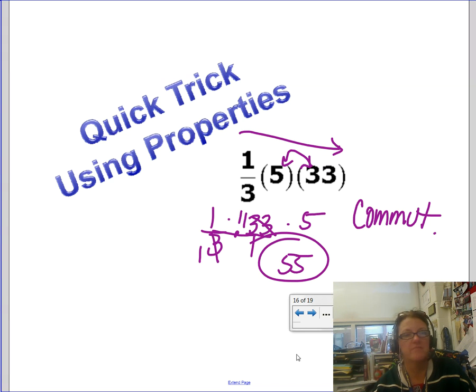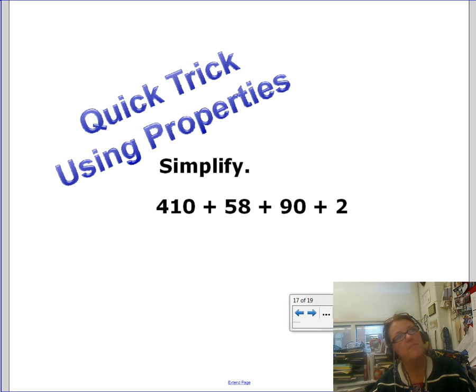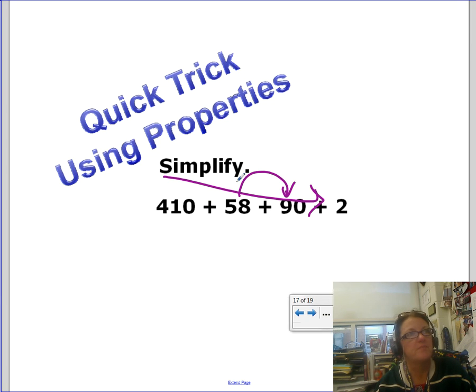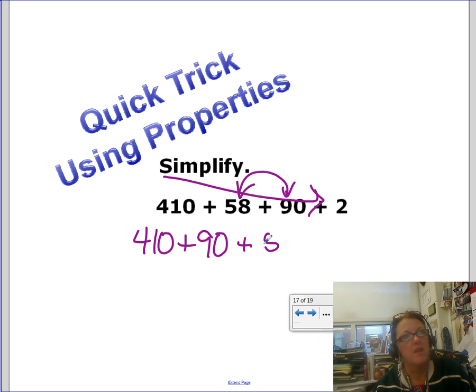Much easier. Let's do another one. Here's a big long string of addition. I don't want to go left to right on this one because I know I can use the commutative and associative properties to make this a lot better. I'm going to use the commutative property here to say 410 plus 90, then plus 58 plus 2.